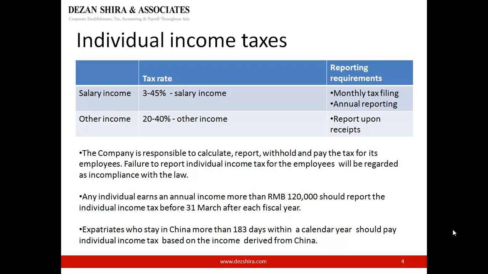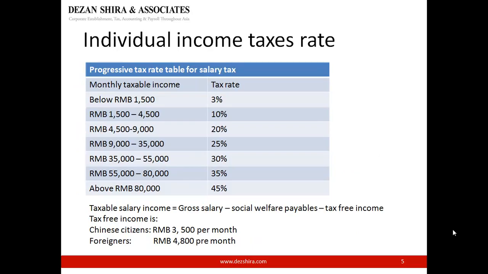So here is the tax rate for individual income tax. You can see there are 7 levels of tax rate for different income. I will not give too much detail in this part. There are just simple examples here. Let's say if you earn 10,000 per month, if you're an expatriate, then your individual income tax will be around 500 RMB per month.